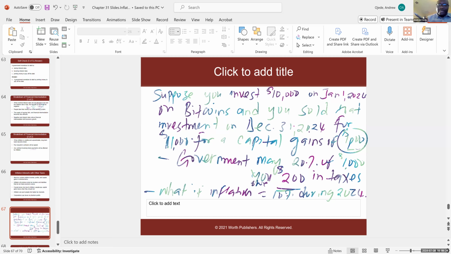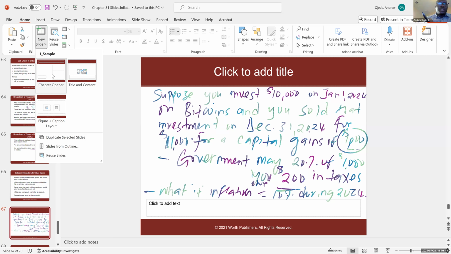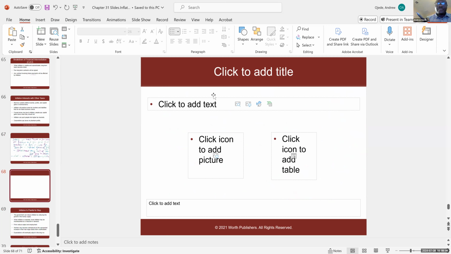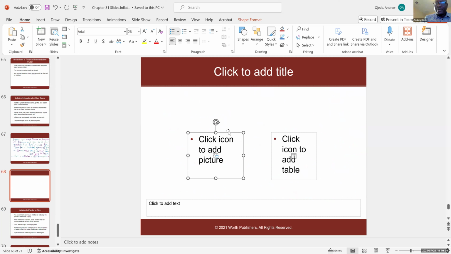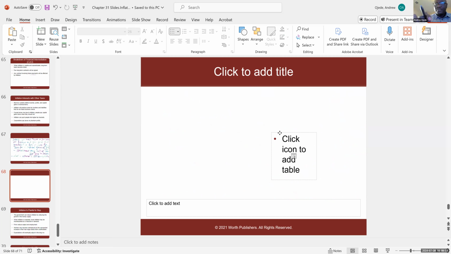So in other words, remember, this is what should have happened. If the government was fair enough to taxpayers, they would be taxing your real income. Okay? Because your real return here is given by, you made $11,000, so $1,000 profit. You invested $10,000. That is 10%.